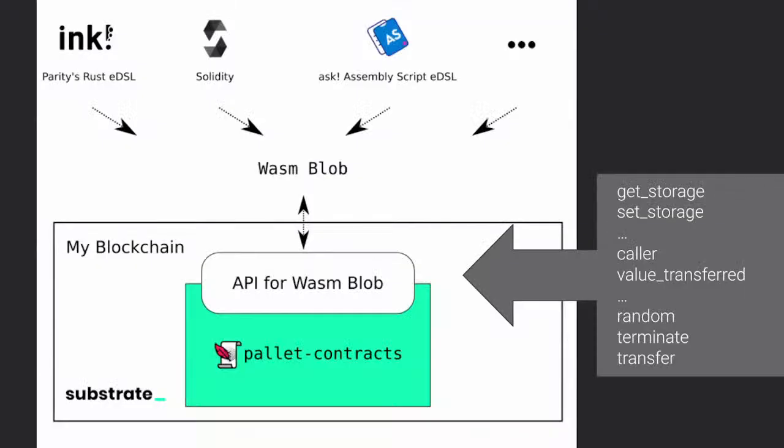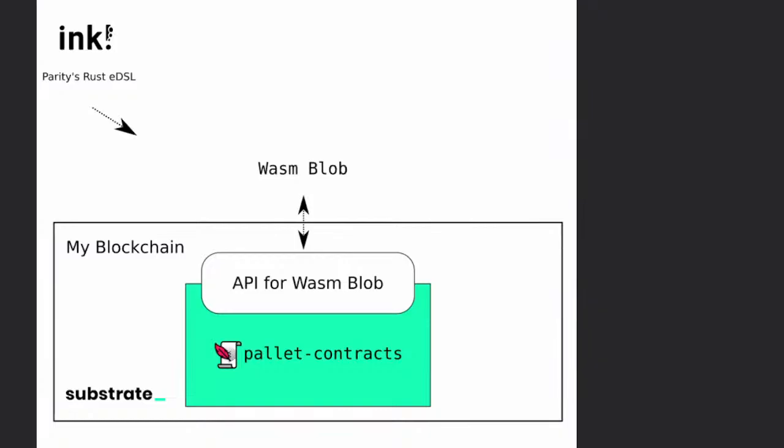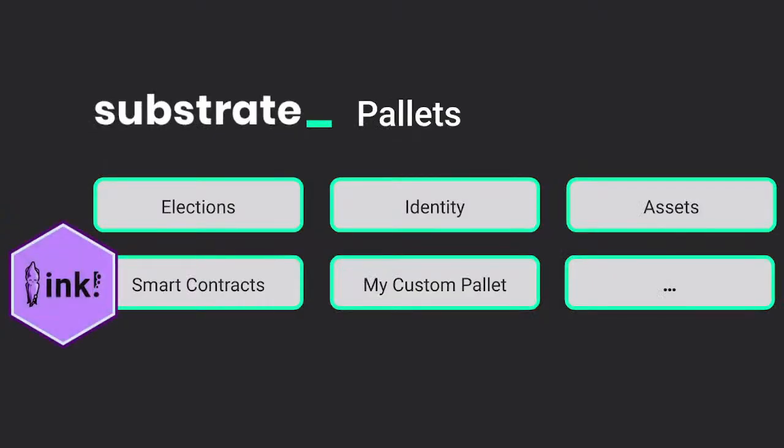So then you might ask, okay, you're building in the Polkadot ecosystem, and you're proficient with Rust, or you want to learn Rust, and then there is this thing: in the end, the contracts pallet is just one of many pallets which you can implement in a Substrate-based blockchain.